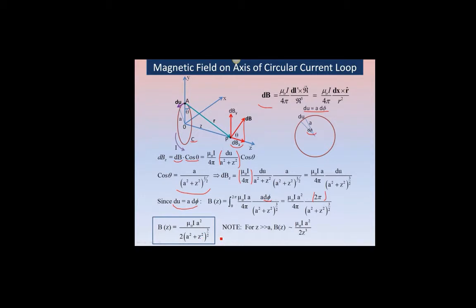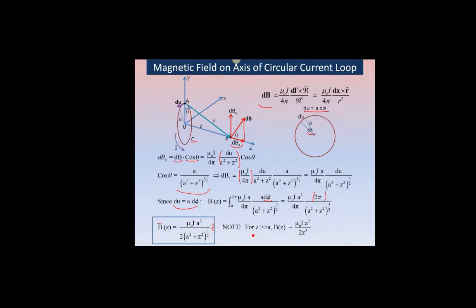So this is the equation that we want for the B field at a distance z from the center of the circle. So it's along the symmetry axis here. It's the only component, and so you could put vectors on here. You could put a vector here and just put in z hat for the direction.